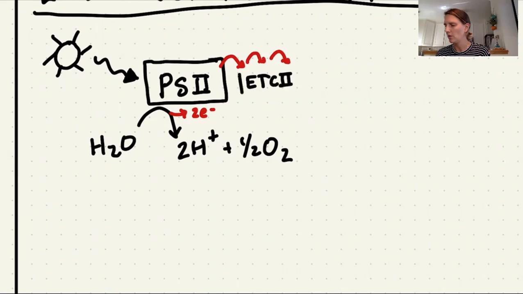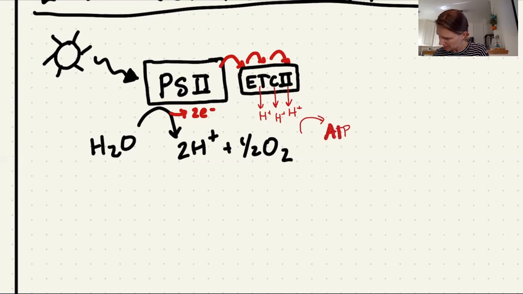Electron transport chain 2. In the process of that, they are going to pump hydrogens into the thylakoid membrane. Those are going to be able to flow down their concentration gradient, and that is going to result in the production of ATP.